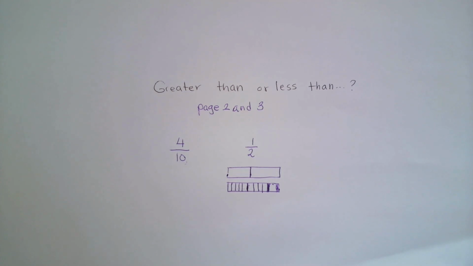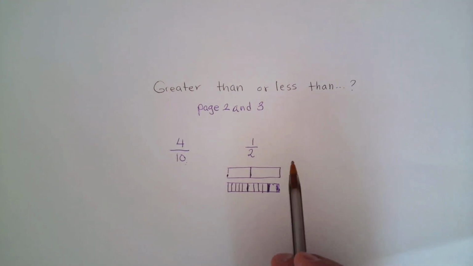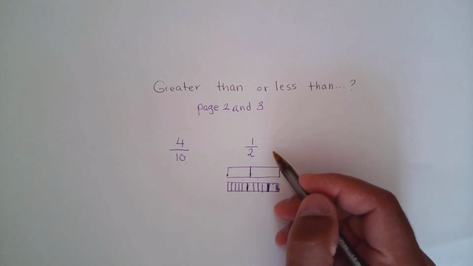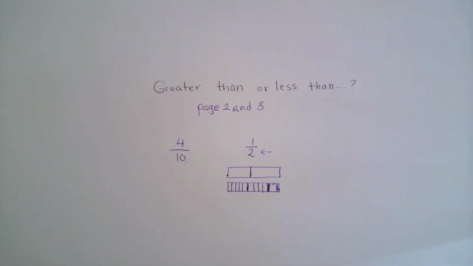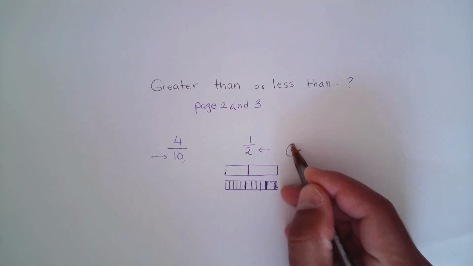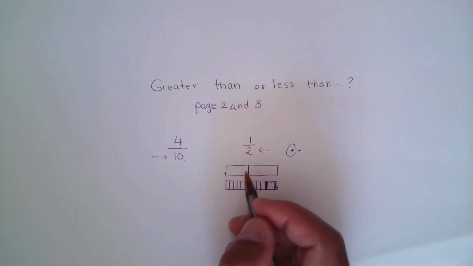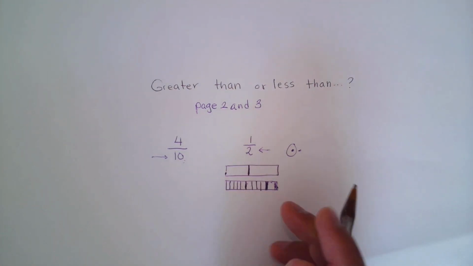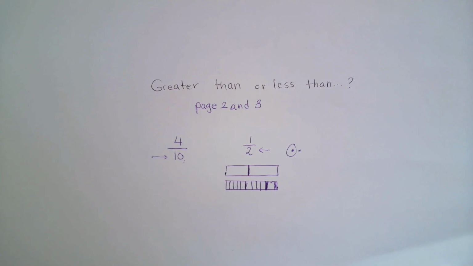When you're drawing your fraction, you have to ask yourself, I know that this whole is partitioned into two parts, while this whole is partitioned into 10 parts. What is half of 2? Half of 2 is 1, right? So you draw half in the middle of your whole, okay?